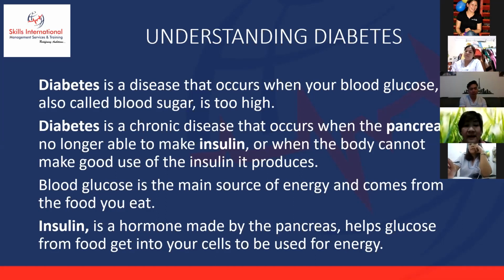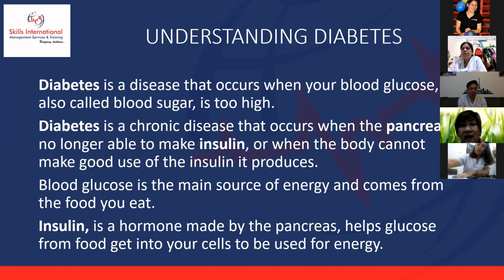So diabetes is a chronic disease that occurs when the pancreas is no longer able to make insulin. Insulin is the one being produced by the pancreas. So if the pancreas is not working anymore, insulin is not being produced, so there is a high blood sugar.